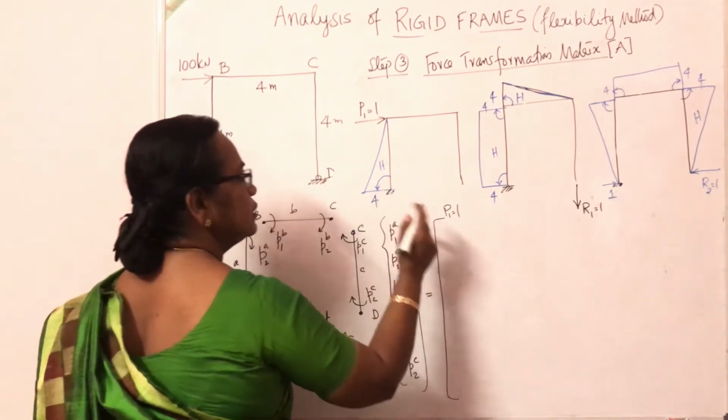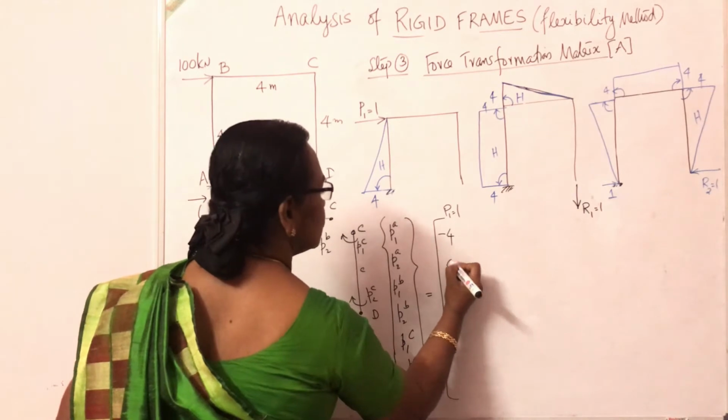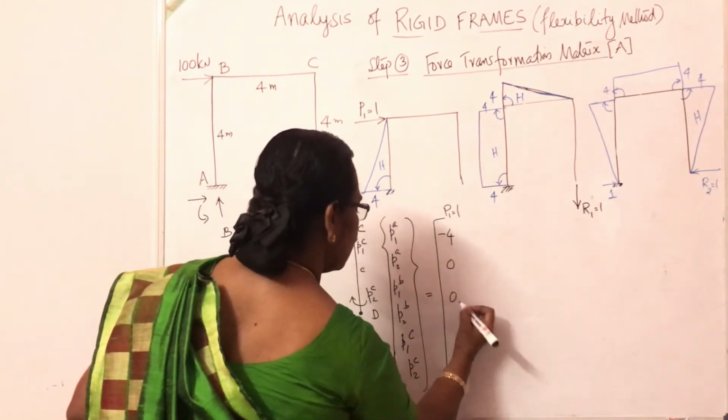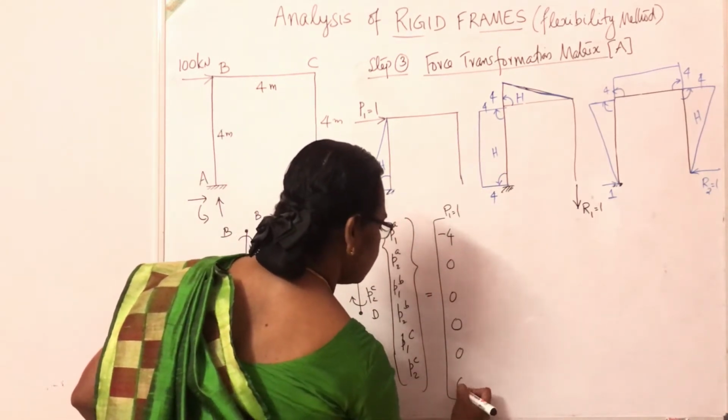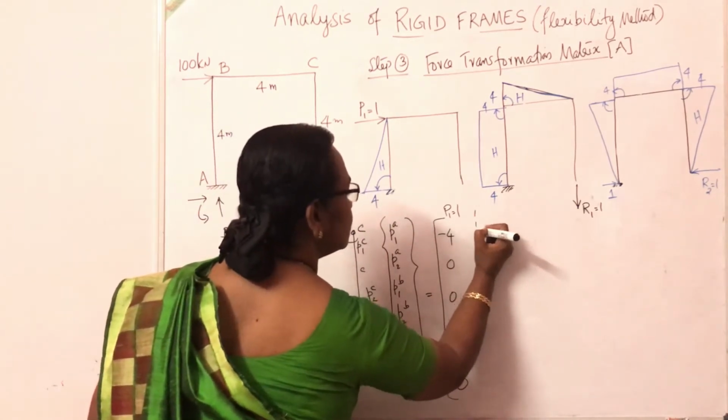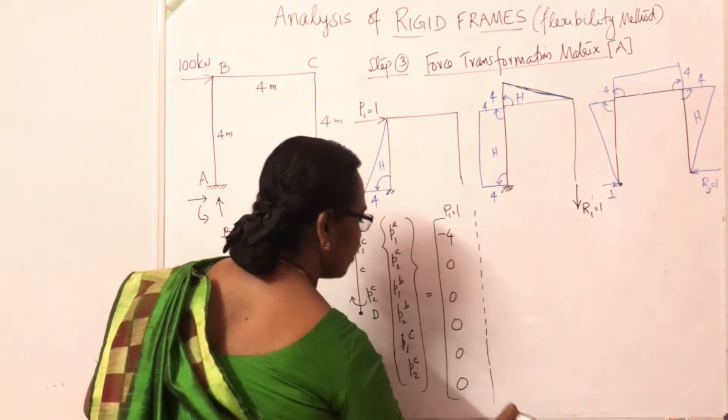First element, first end, it is minus 4, 0. For all the other elements, it is 0 only. So 0, 0, 0, 0. There is only one external load. So put a dotted line here.